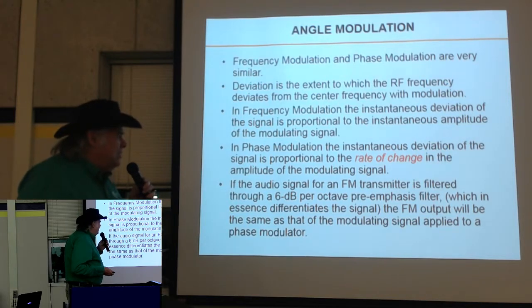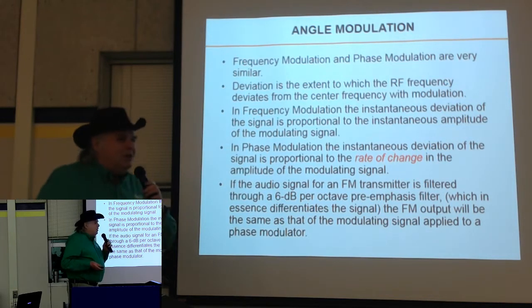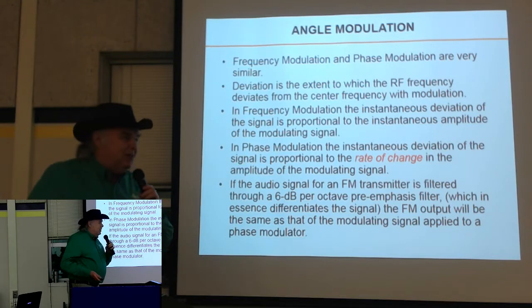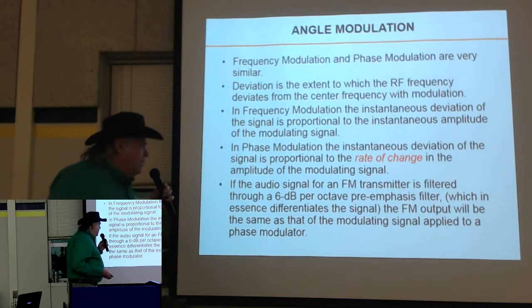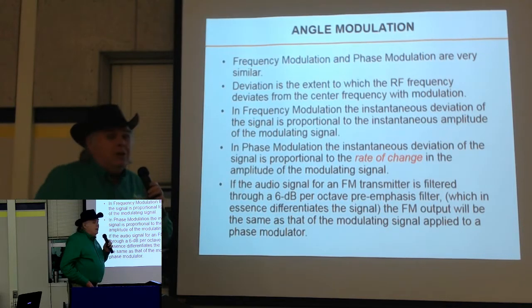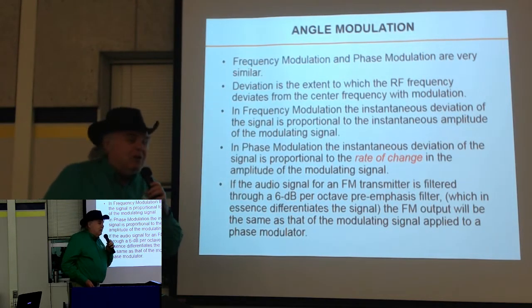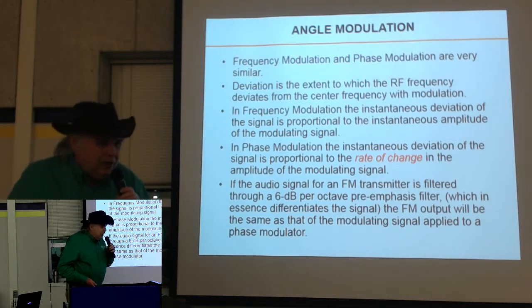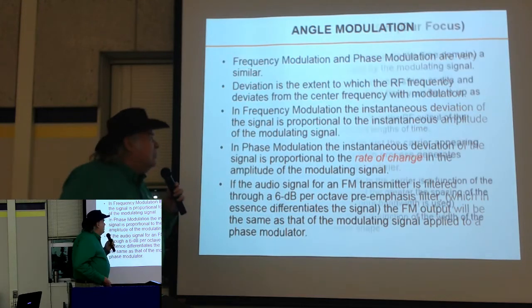If I have an FM signal and I do a de-emphasis, it'll look the same as receiving a phase modulated signal. So the really weird thing is, most of our FM radios have pre-emphasis in the transmitter and de-emphasis in the receiver. So we really aren't transmitting FM, we're really transmitting phase modulation. Just an interesting note.